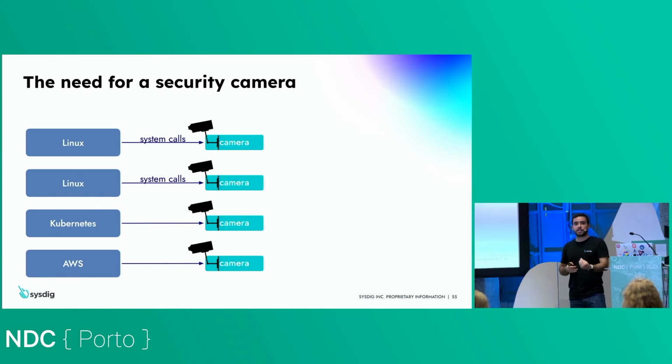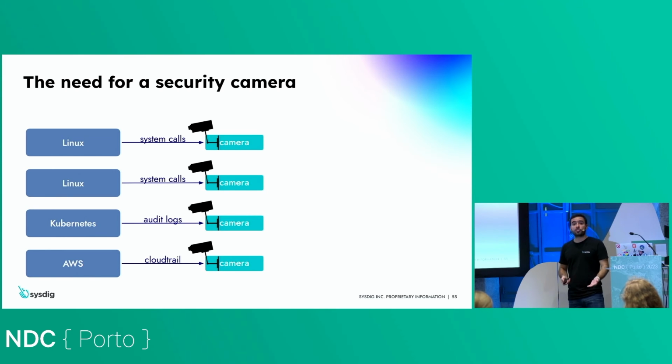How do you access resources in a host? You go through the kernel with system calls. That's the way you do it. So it doesn't matter if you have 1 or 1,000 or 10,000 containers. To go to the network, to open files, all those containers go through the kernel. They go through system calls. So if you have a way to look into system calls, you have a lot of visibility into what is going on. Kubernetes, there are audit logs that you can look into.